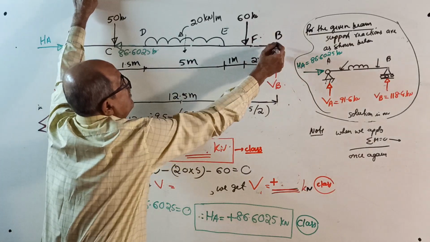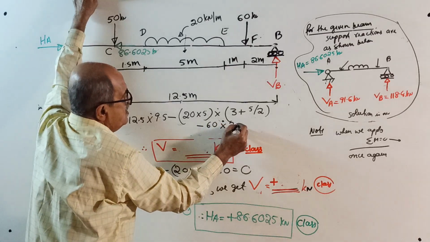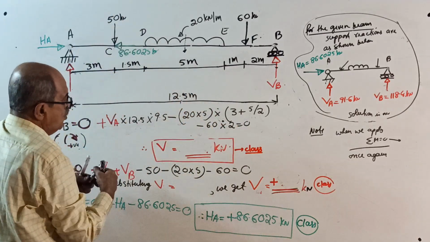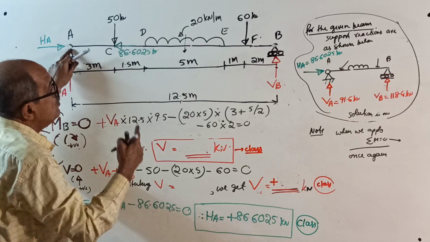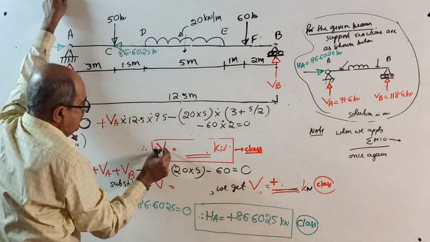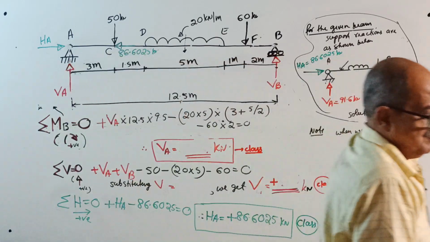Lastly minus 60 into 2 equal to 0. You are going to get the value of VA now. Last time when you took moment about A, we got VB. When you take moment about B, you get the value of VA now.